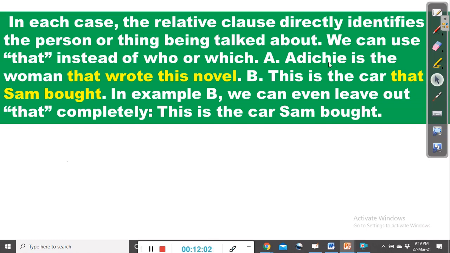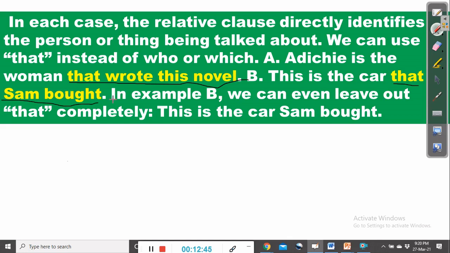So let's use it to replace who and which in these two examples. Example A: Adichie is the woman that wrote this novel. So you can see exactly we use that to replace who. In B, this is the car that Sam bought. So again, we use that to replace which in example B.